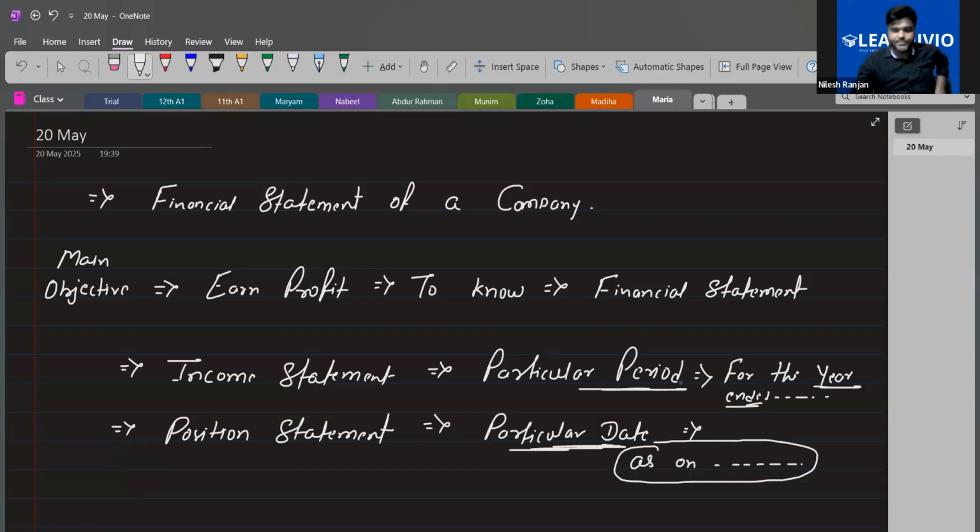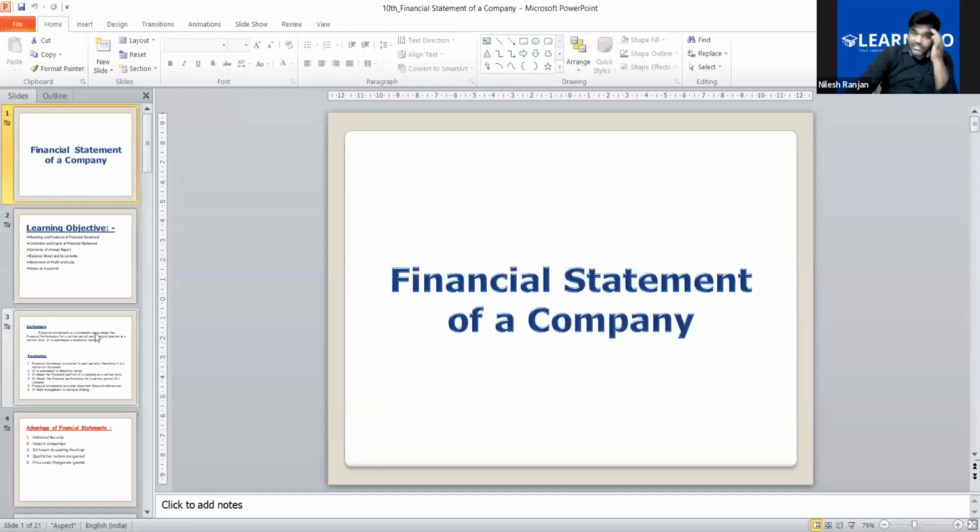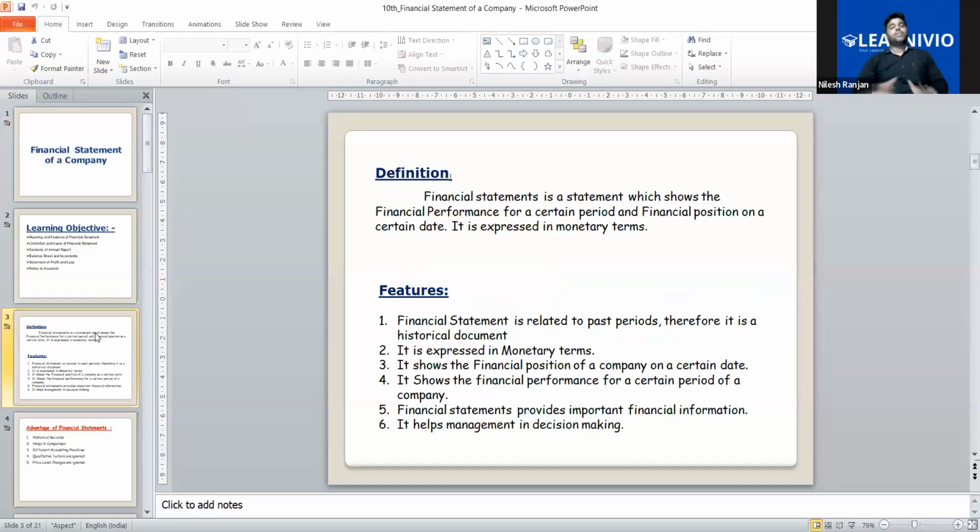Okay. So this is our basic information about the financial statement of a company. Now you can see that this is the definition. A financial statement is a statement which shows the financial performance for a certain period and the financial position on a certain date. It is expressed in monetary terms because we always record transactions in monetary value, in the form of money.